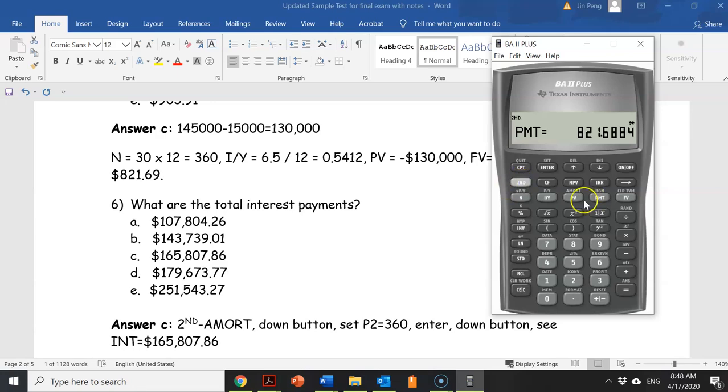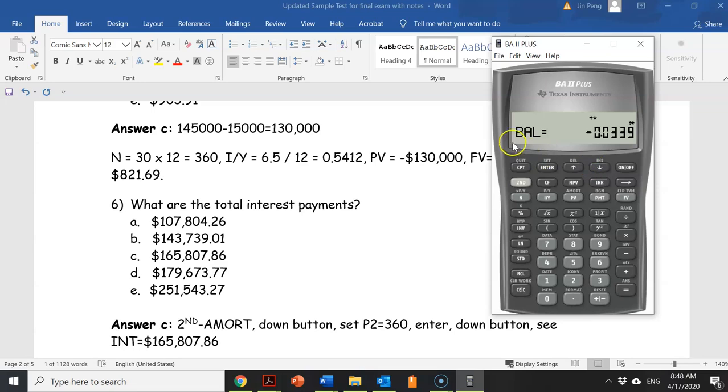Then we go to second amortization. Now we know we want total interest payments over all months. So our P1, the starting period, is 1, the first month. And our P2, we want to change it to 360. Enter. Now our time period is from the first month to the last, the 360th month.